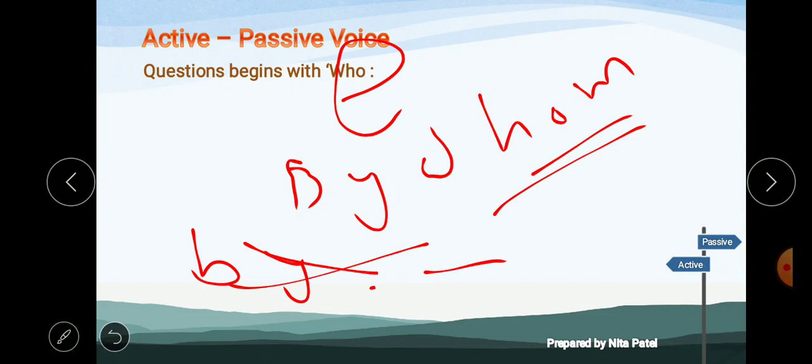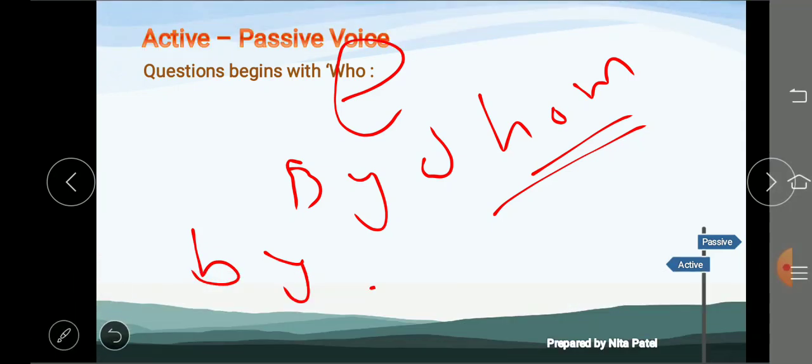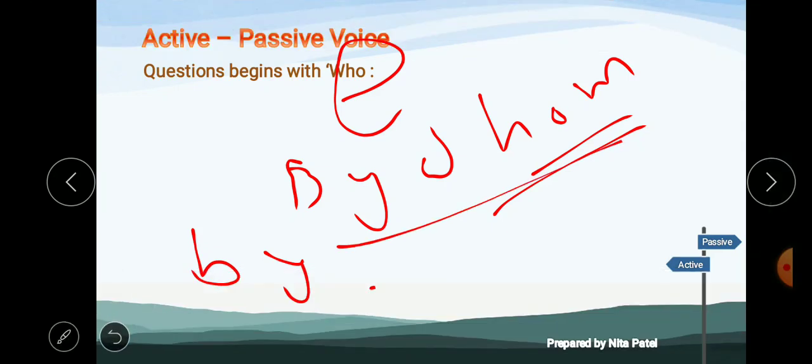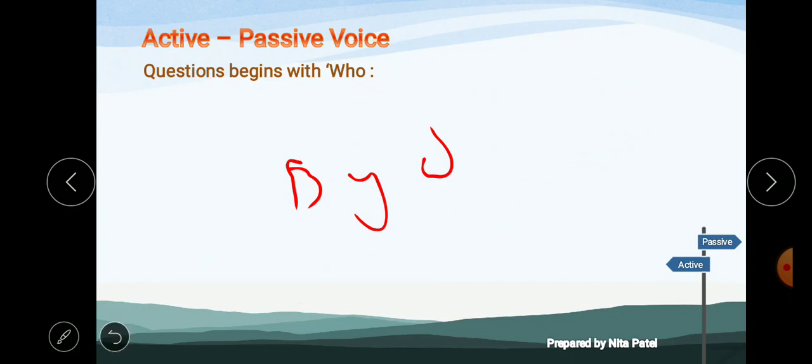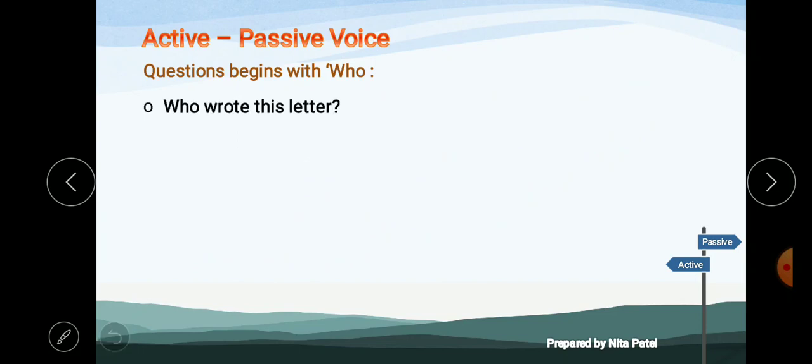We are asking about the doer of an action, so there is no subject. So in place of "by dot dot dot", we will write "by whom", and we will cut this "who". That is the extra element which we have to focus on here.